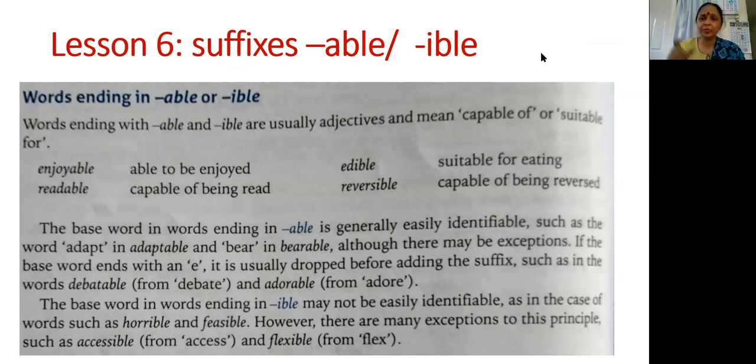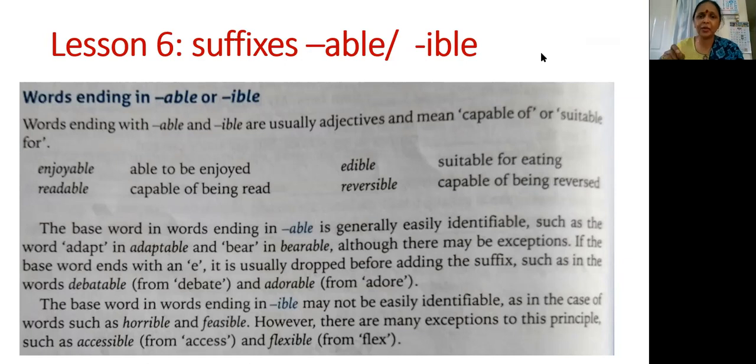So the base word of ABLE words is easily identifiable, such as adapt, adaptable, bear, bearable. There are few exceptions, like when the base word ends with E, the E is dropped and you have ABLE, like debate.